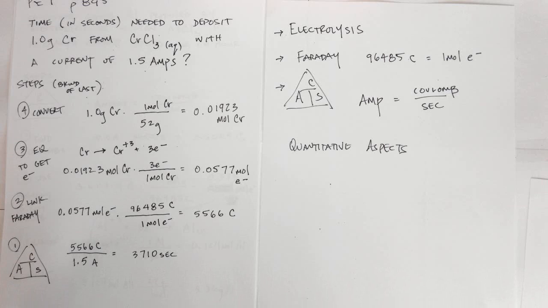And then thirdly, you learned about the ampere, and that the ampere is a coulomb per second, or the amp as it's sometimes known, and how these quantitative aspects can allow us to do calculations with grams, moles, and molecules to find times, amount of charge, or current needed to make these happen.